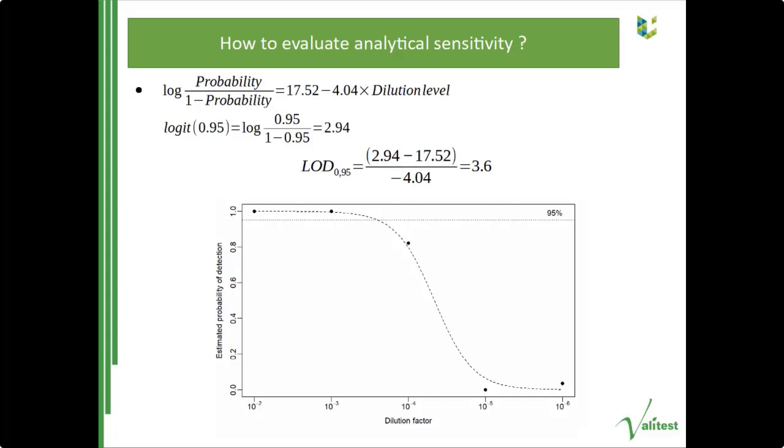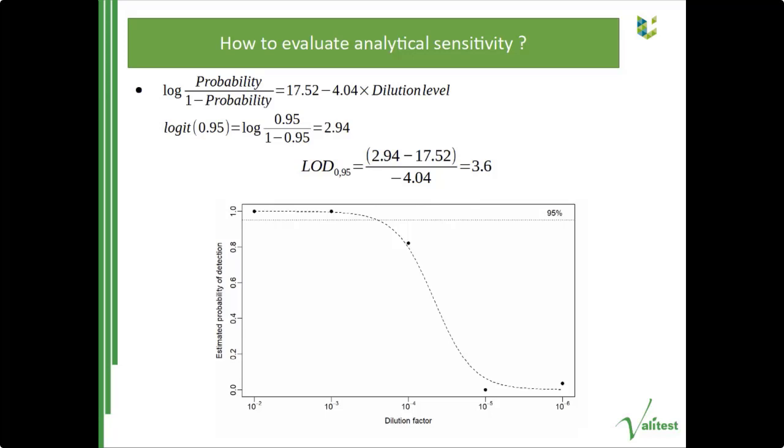In our example, the formula is the logit of the probability is equal to 17.52 minus 4.04 multiplied by the dilution level. Then, the logit of our probability, 0.95, is equal to the log of 0.95 divided by 1 minus 0.95, and it's equal to 2.94.